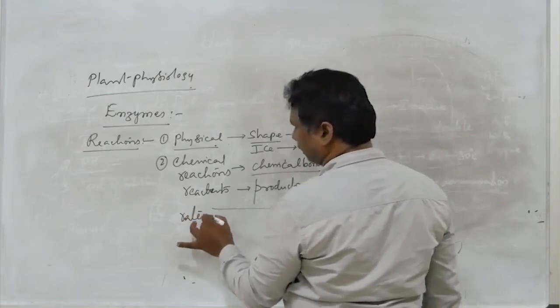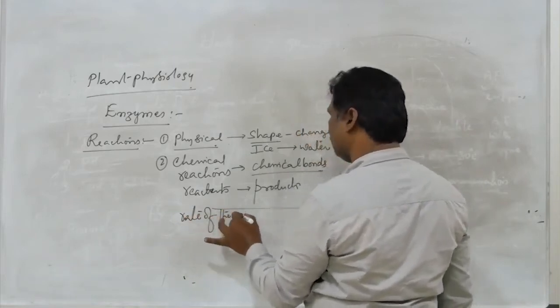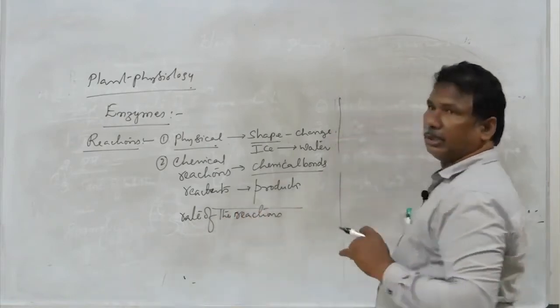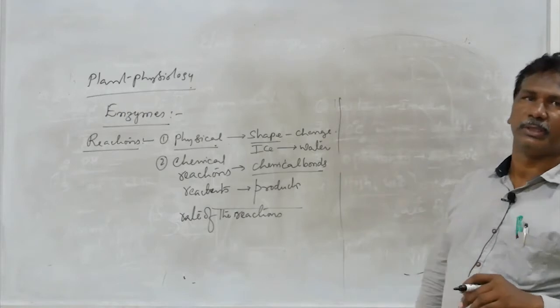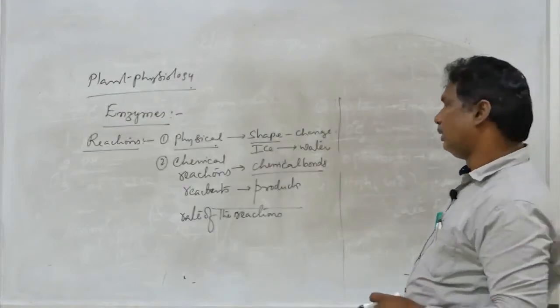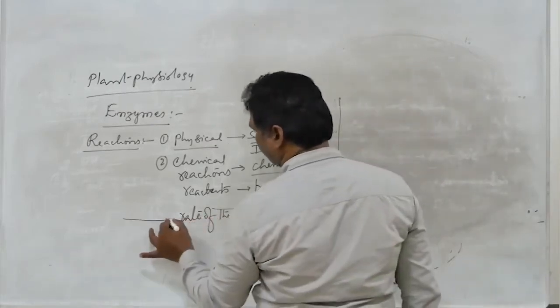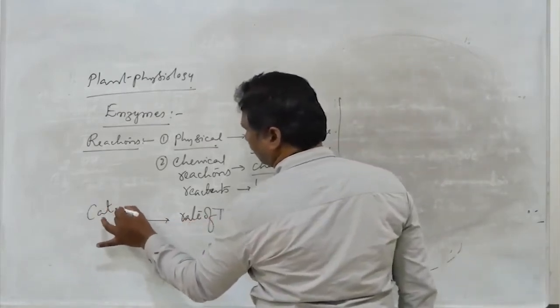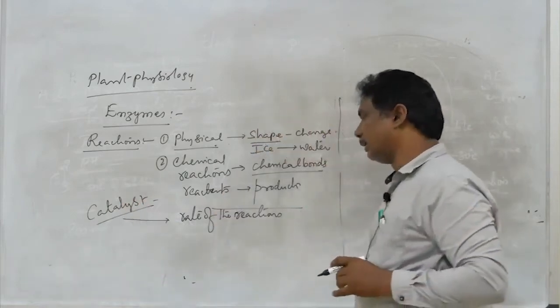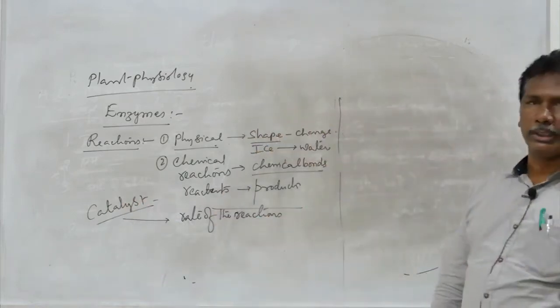The rate of the reaction is based on the substance or reactants, and also another chemical is required. That chemical is called a catalyst. A catalyst can speed up the rate of a chemical reaction.